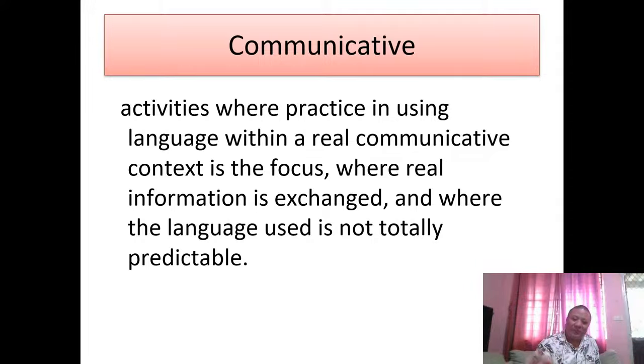So there's very little control over the language forms that are used. The focus is on real communication, the real communicative context. Real information is exchanged, and the language is not totally predictable.